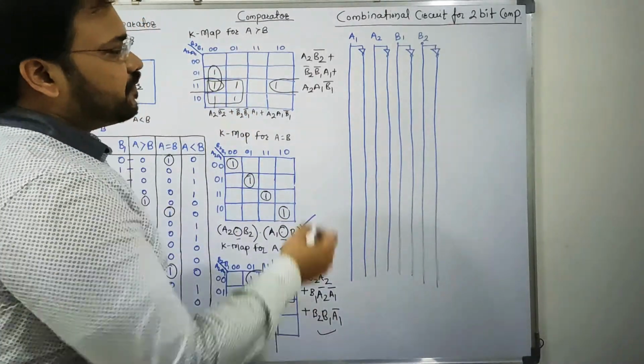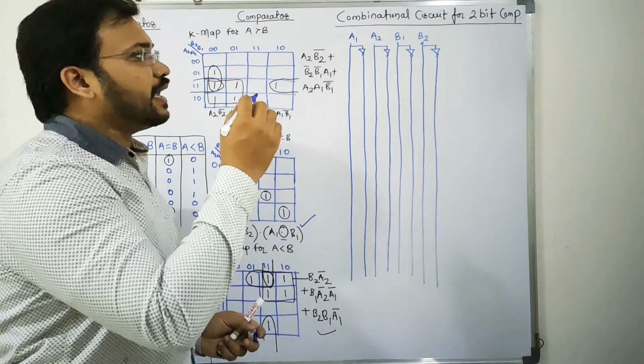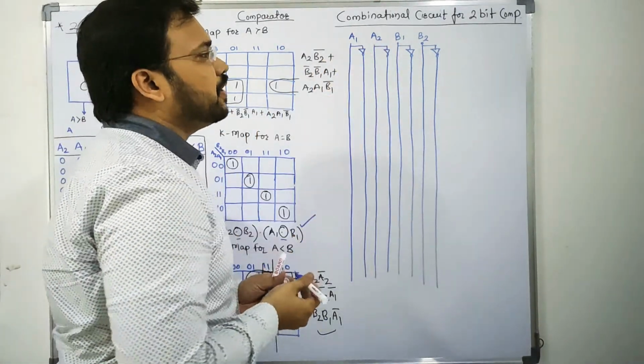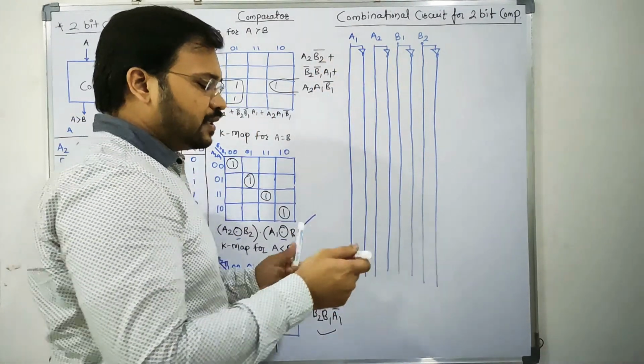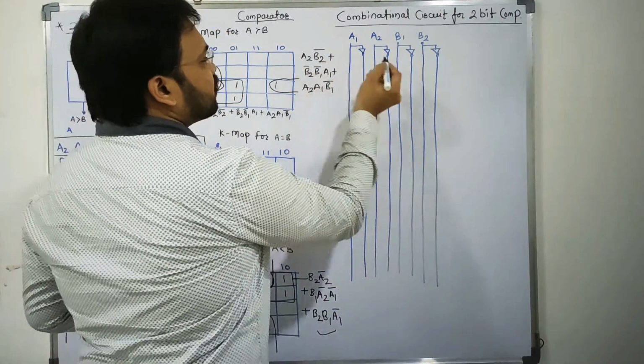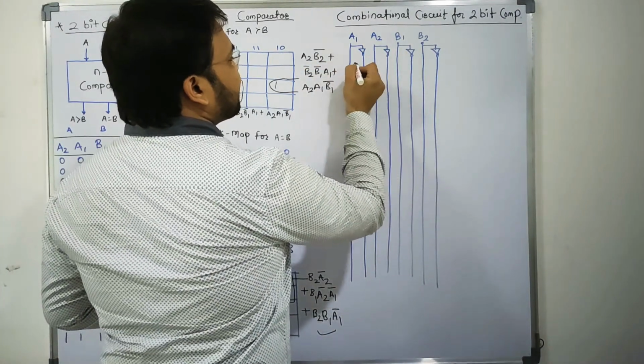Okay, so in this way we have A1 bar, A2 bar, B1 bar, B2 bar. Now one by one we have to draw the logic circuit for this.